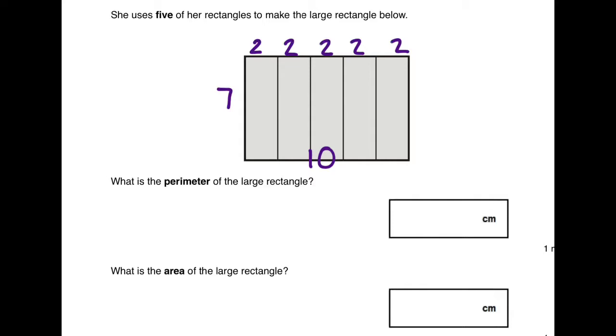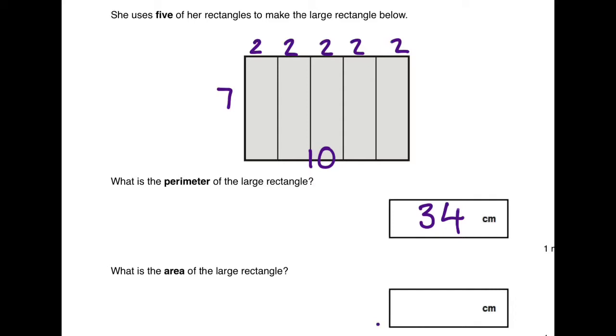So the perimeter, have a go at working it out. What do you think it is? Pause the video. Okay, so hopefully you've either done 10 and 10, which is 20, 7 and 7, which is 14, 20 add 14 is 34, or you've done 10 add 7 is 17, times 2 is 34.